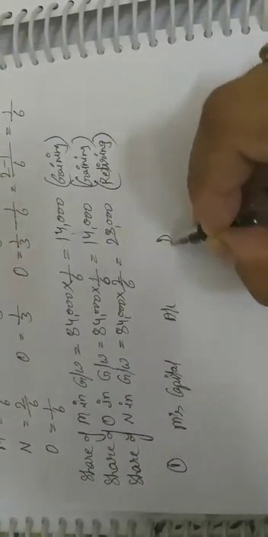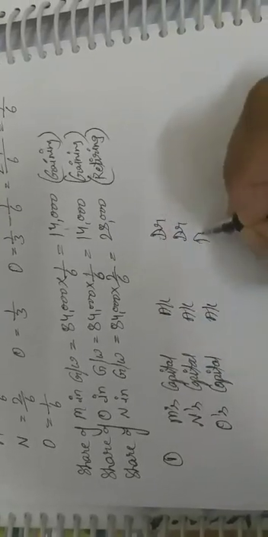First journal entry for the old goodwill: old partners M's capital account debit, N's capital account debit, O's capital account debit, and to goodwill account.